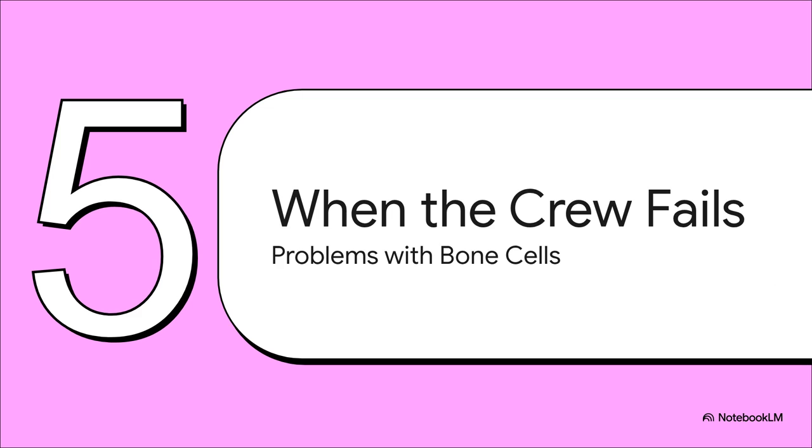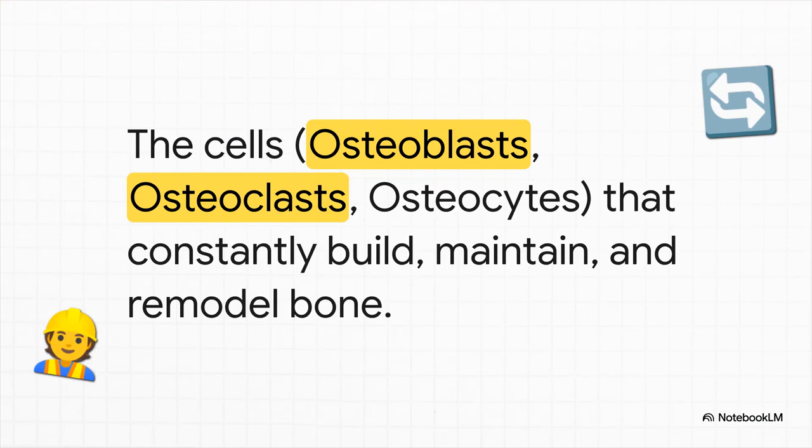So, we've covered the bricks and the frame, but what about the team that actually puts it all together and keeps the whole structure in good shape? Let's talk about what happens when the crew starts to malfunction. A lot of people don't realize this, but your bones are not static. They are alive, constantly being broken down and rebuilt in a process we call remodeling. And that is the job of the crew. You've got osteoblasts that build new bone, osteoclasts that clear away old bone, and osteocytes that basically manage the whole project.